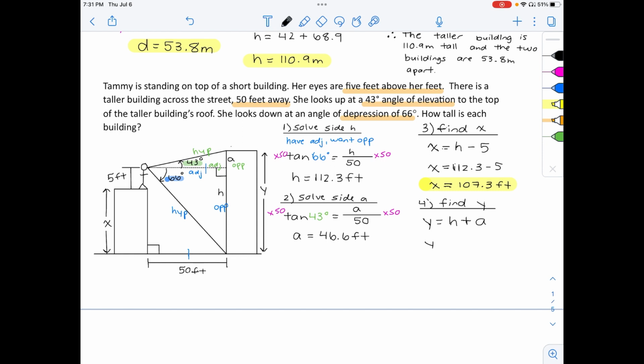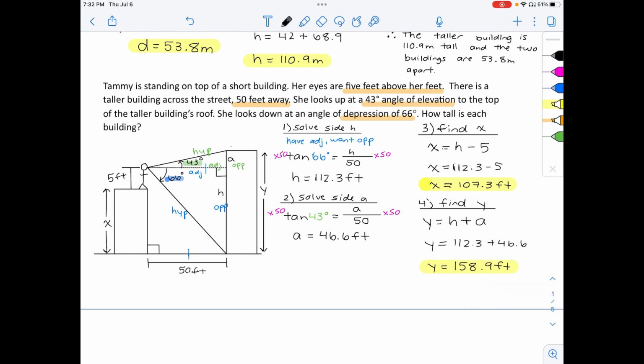So I'm going to do 112.3 plus 46.6. And that tells me that the height of my building is 158.9 feet. So now I have fully solved what the question is asking me to find.